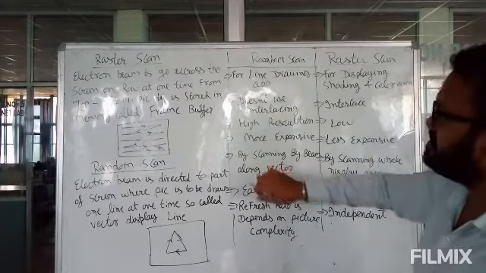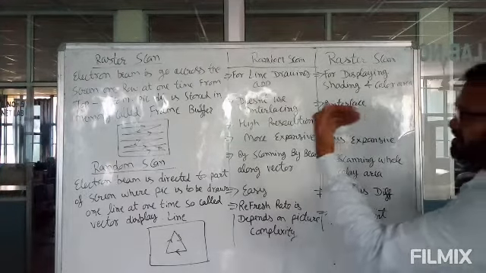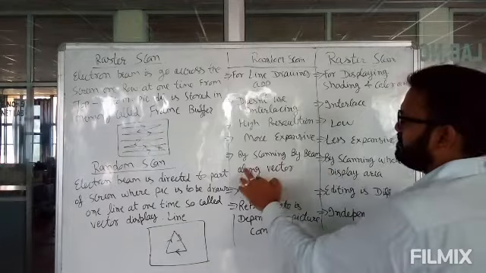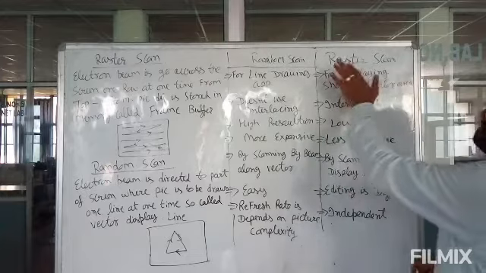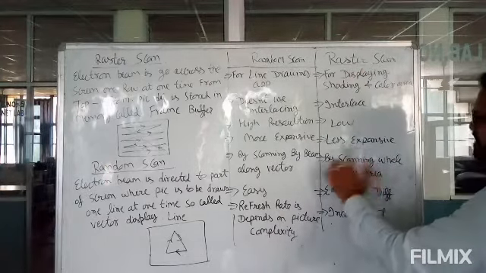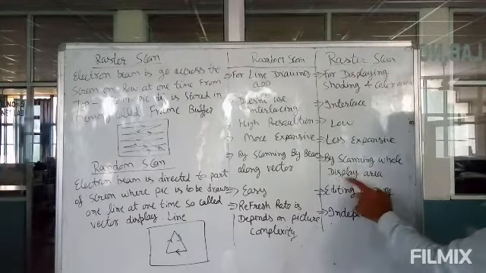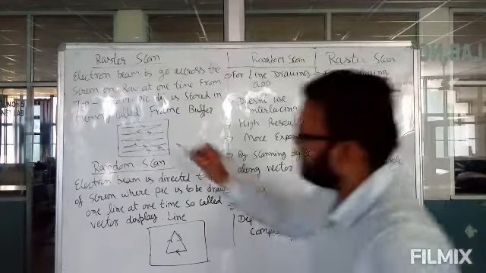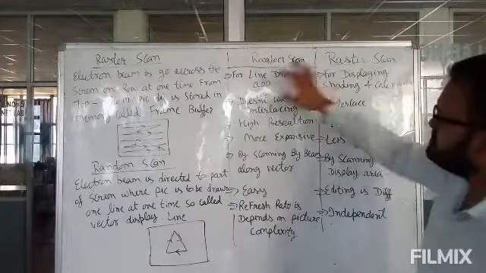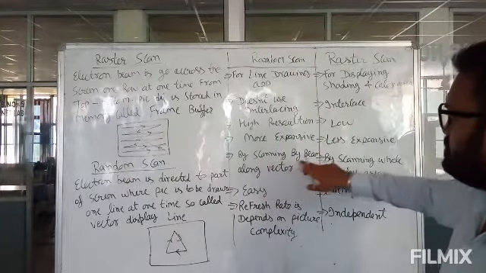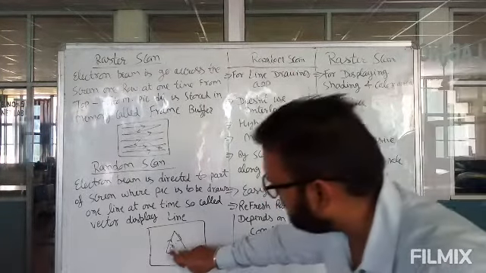Number 5 is random scan scans by the beam along the vector, whereas raster scan scans the whole display area. But random scan only scans by vector.